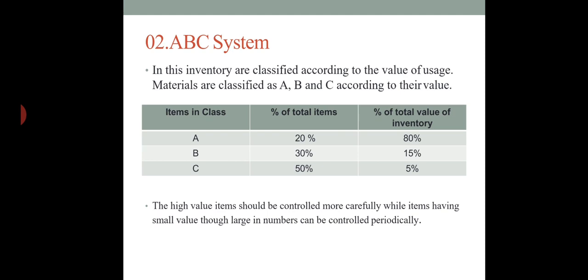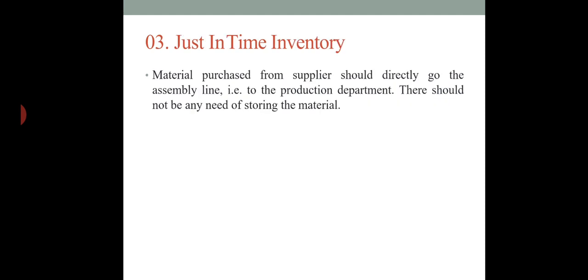The next one is just in time, that is JIT. JIT is nothing but the just in time method. In the just in time method of inventory control, the company keeps only as much inventory as it needs during the production process, with no excess inventory in hand.